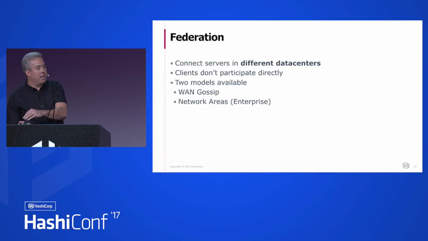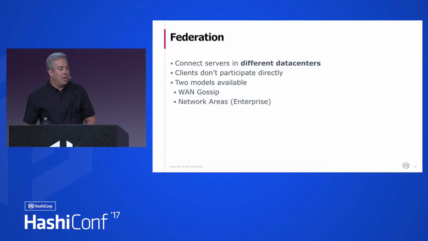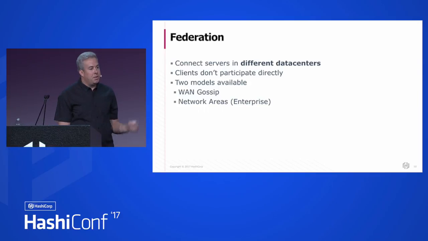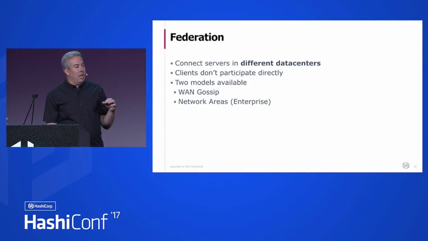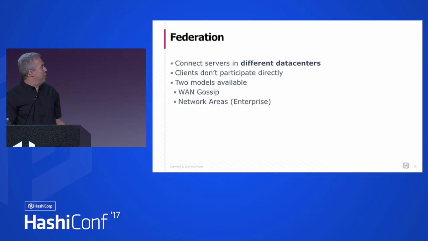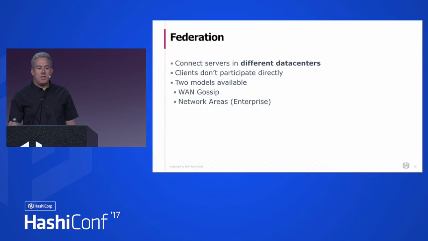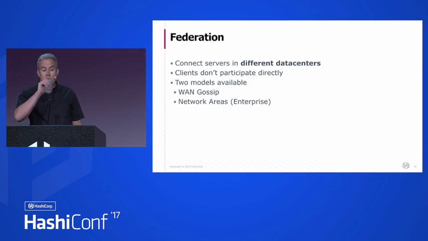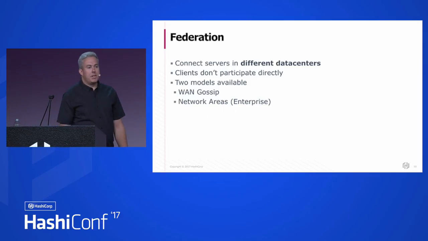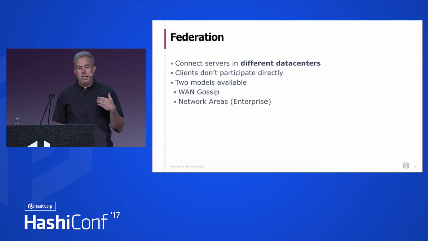The second class of network models are models that support federation. So once you've created a cluster, and you want to connect it with another cluster that might be physically located somewhere else, it might be on another continent, you create a relationship between the servers in the cluster, and you federate them. So the clients don't participate in a federation, but by federating data centers together, you give clients access to resources that are in those remote data centers.